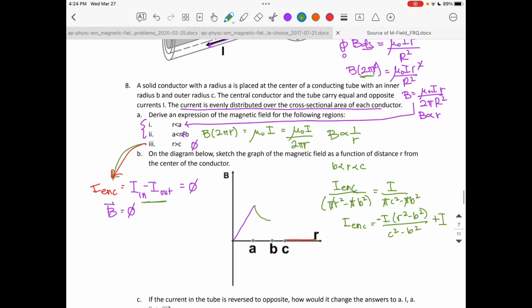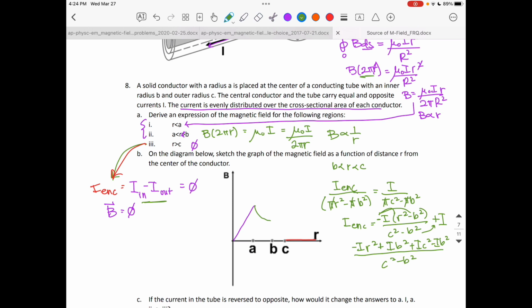and when I simplify this, I get I r squared minus I b squared. And then I'm going to multiply the denominator to this I over here. Oh, and also I have to distribute, so this becomes a positive. And then I get plus I c squared minus I b squared. So that gives you a common denominator.